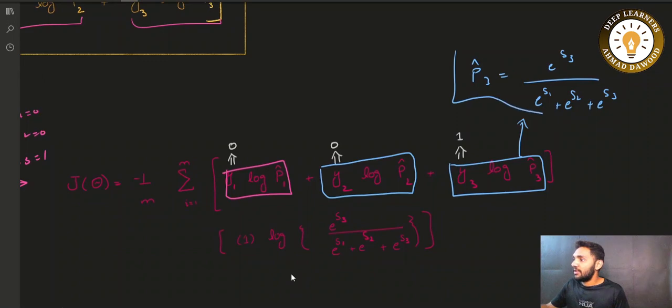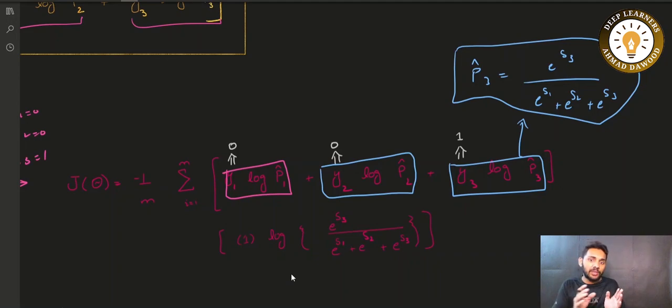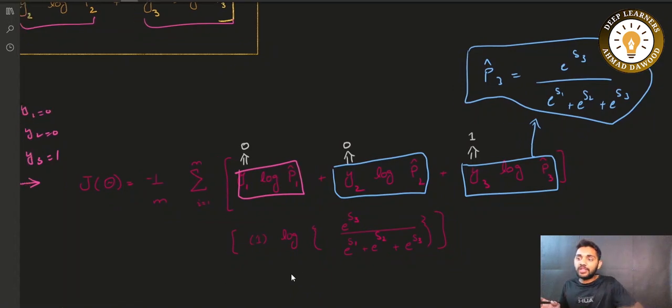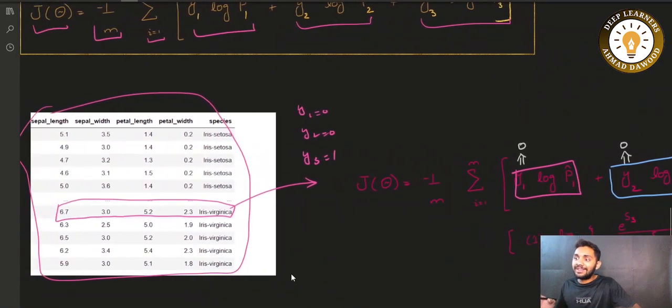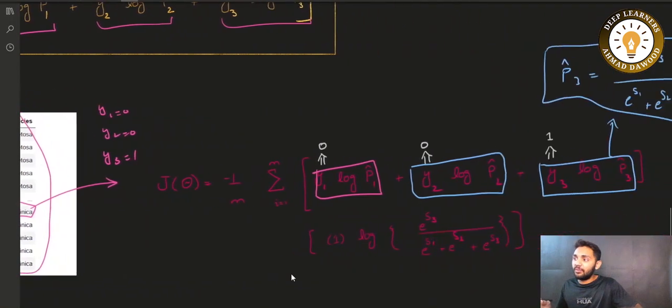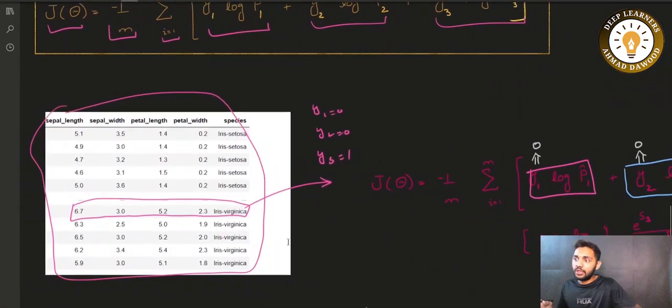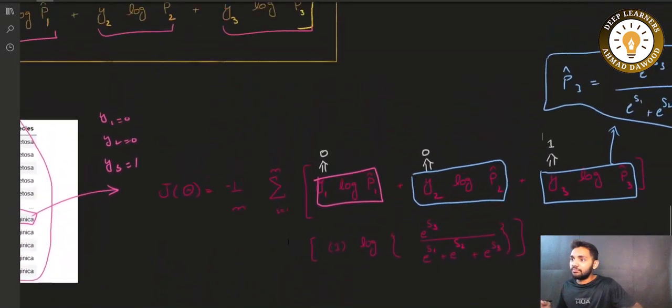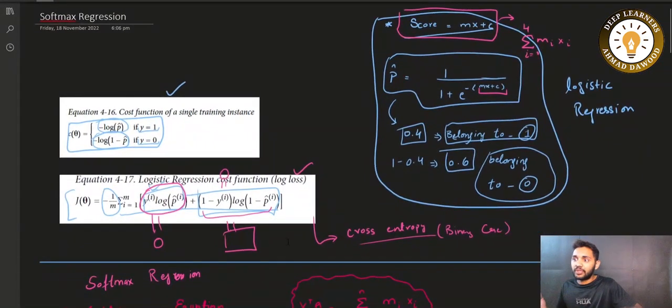In that way the other terms become 0. In the case of logistic regression, we have just two classes. When a sample belonging to one class comes, the log p term remains, and the other term becomes 0. In the same way, if a sample belonging to virginica comes, then the probability of belonging to virginica remains, and the others become 0.